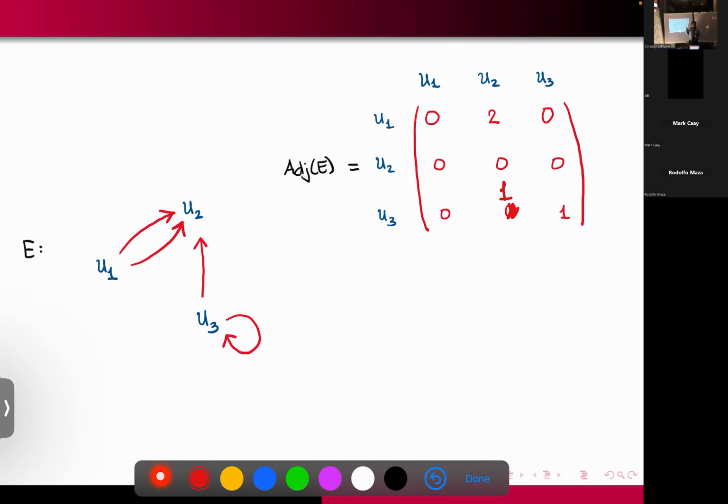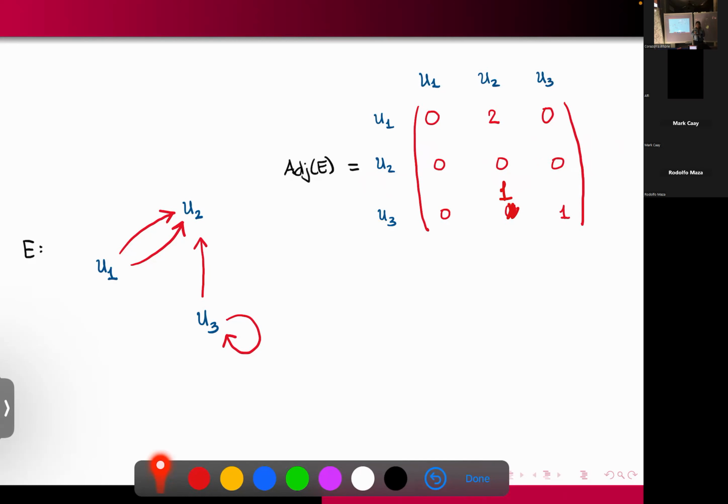And one observation is that if we have a 0 row, what does it mean? It means that this row corresponding to the vertex U2 is not emitting anything. It's a sink.